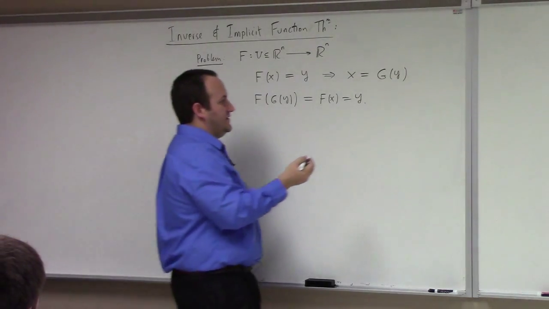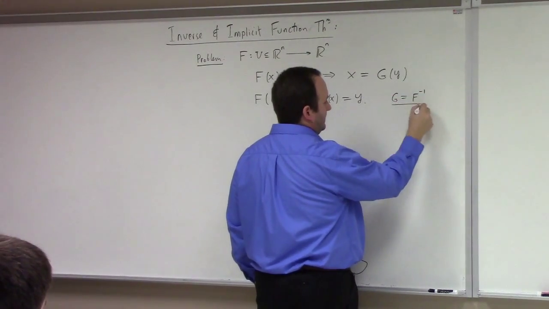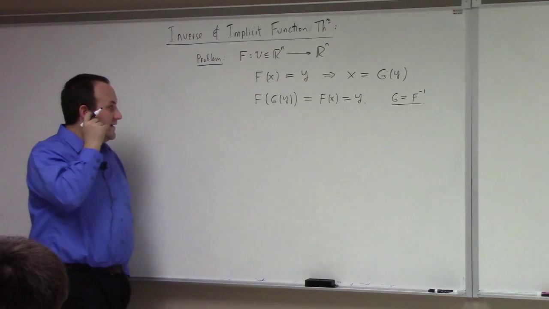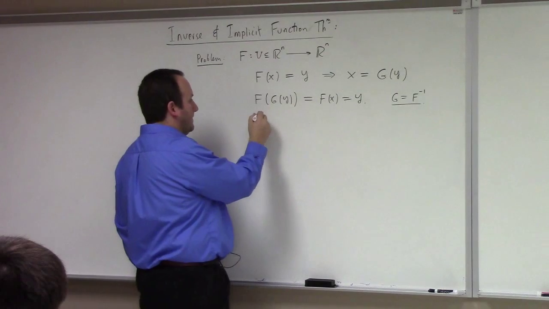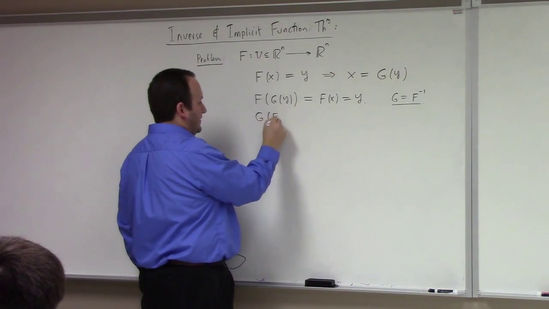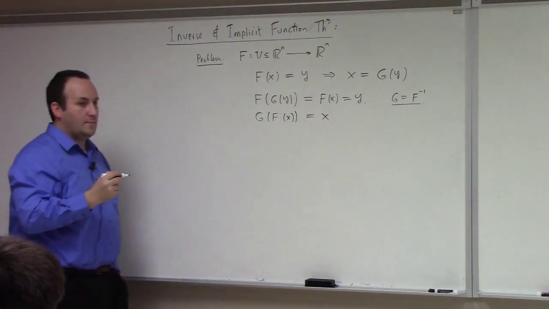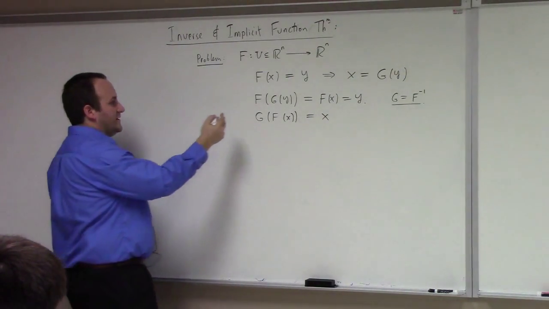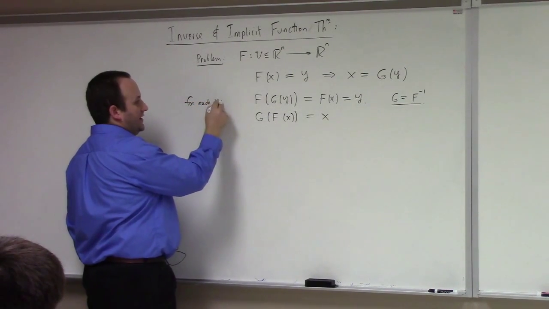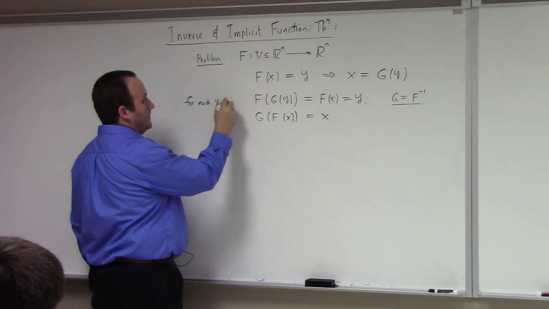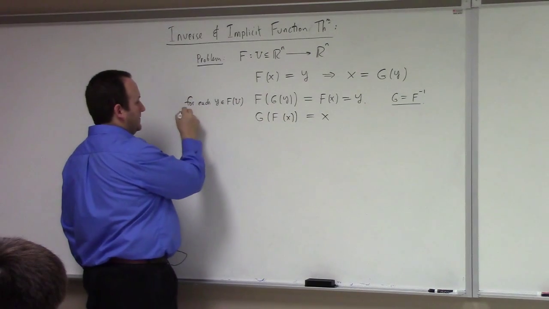So usually in this sort of situation, we say g is equal to what? f inverse, right? Now we do need the other composition to hold as well, right? You also need that what? Yeah, g of f of x also needs to be equal to x, right? But this has to be true for what? For each y in the what? Yeah, the range of f, or f of U.